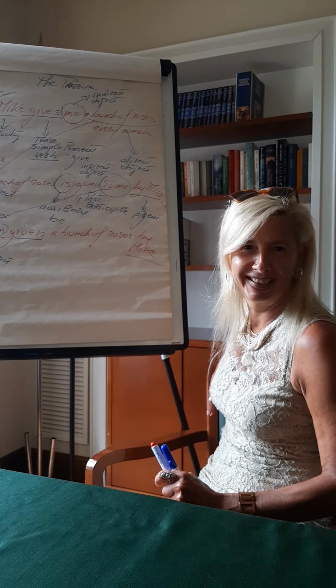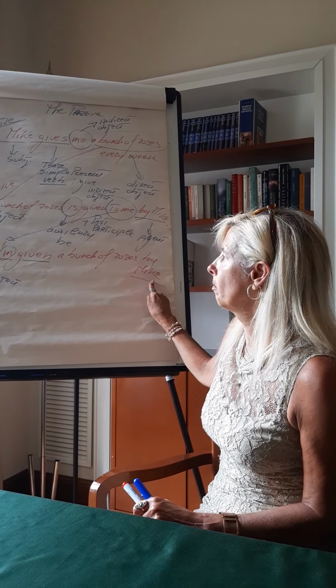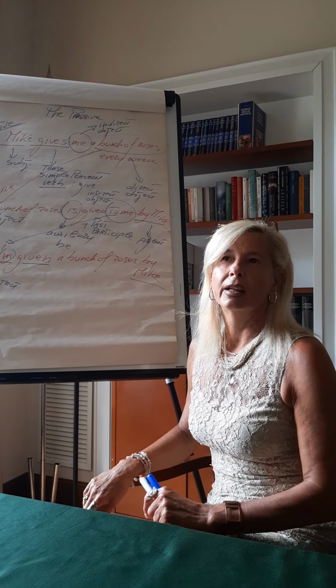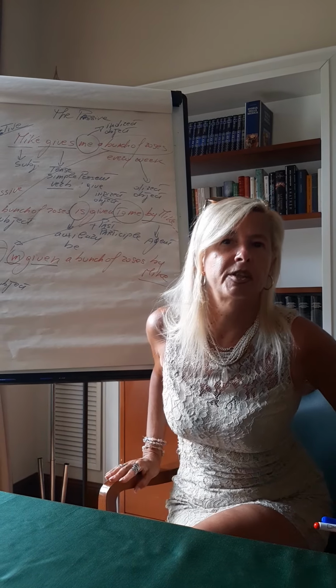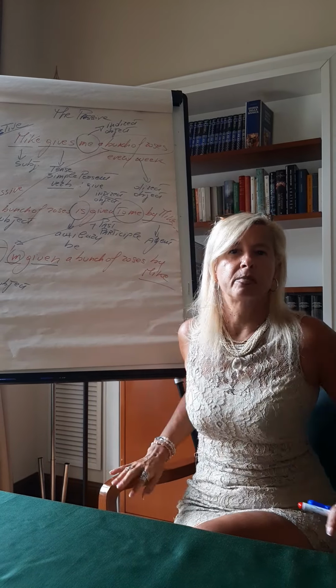So, me becomes I. I'm given, again auxiliary be, plus past participle of the verb, plus direct object, a bunch of roses by Mike. This is the most used form whenever it is possible to use it. So whenever you have an indirect object, use it as a subject.